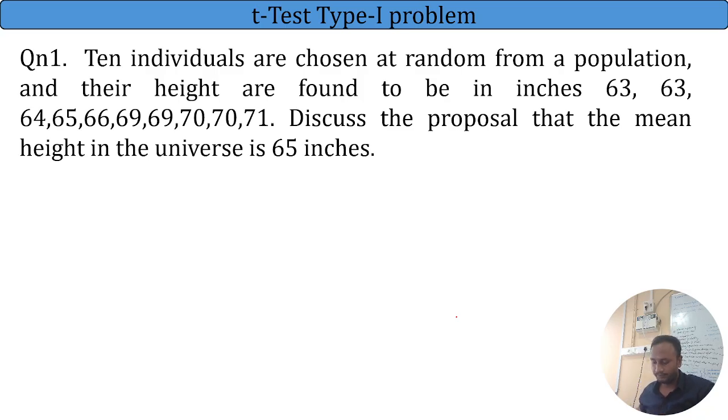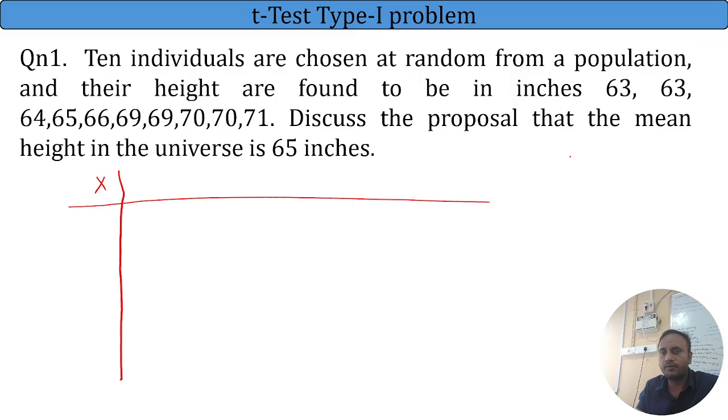Can you just do it? So we have x, because for t we need x bar minus mu upon s upon root n.